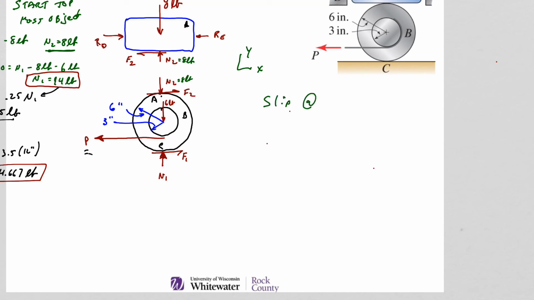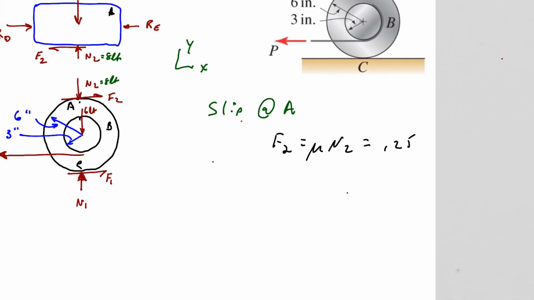If slip occurs at A, that means that F2 equals mu n2, we know n2, so that's 0.25, right, times our 8 pounds. F2 is equal to 2 pounds.